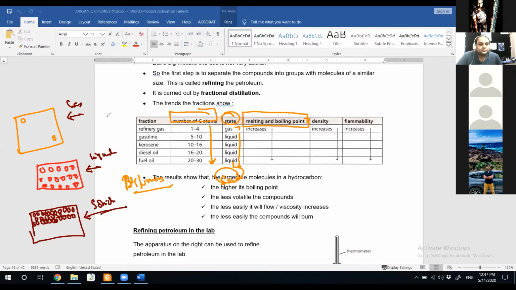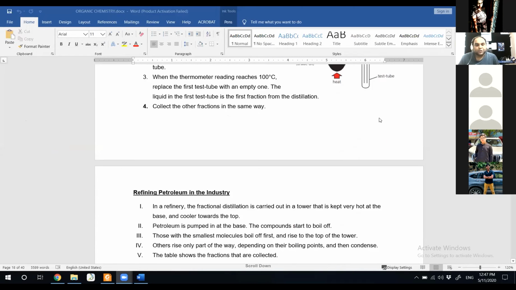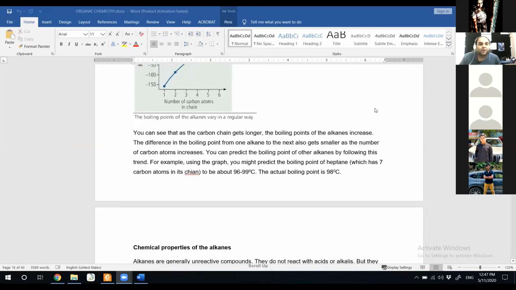So as the number of carbon atoms increases, melting and boiling point increases, density increases, and flammability decreases. It becomes less flammable. Any questions from here? No, sir. Okay, so these are about the physical properties of alkanes.